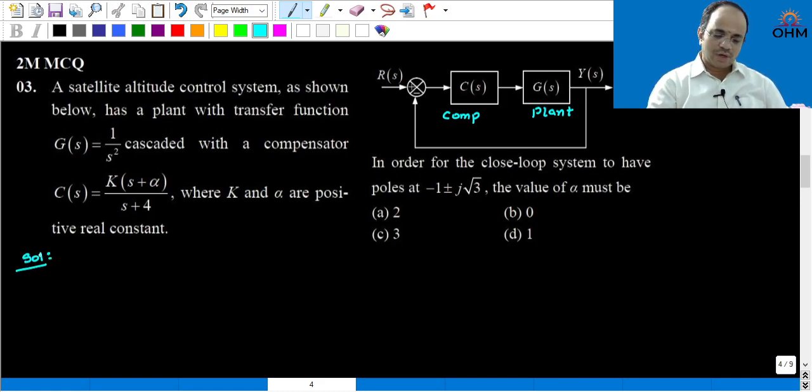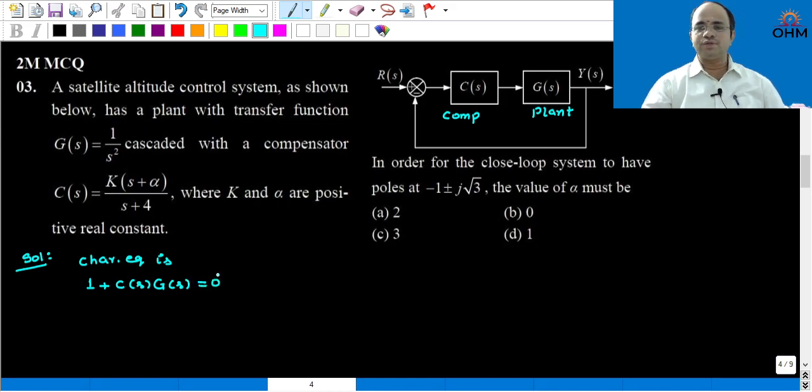So what I can do now, first with the given plant and transfer function, let us find the characteristic equation. The characteristic equation is 1 plus C(s) into G(s) is equal to 0. You can also make one more observation. The plant is type 2. A type 2 plant means the closed loop poles will be on the j omega axis, that means the system is marginally stable.